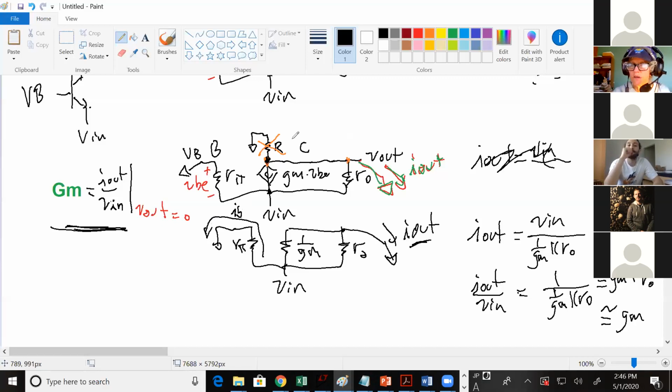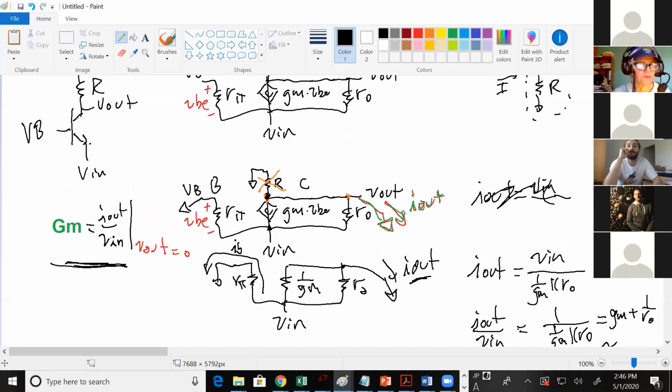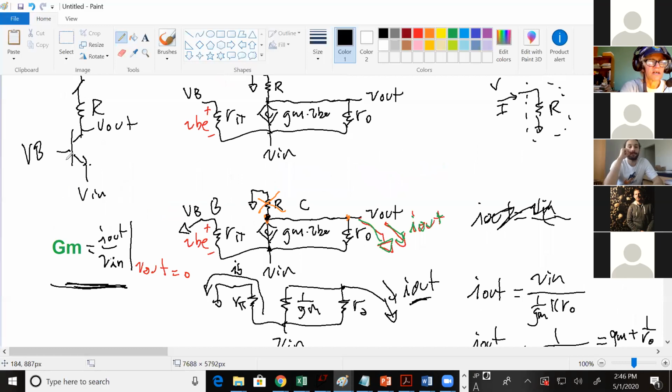This current is actually this current going this way out the base, whereas you're looking at this current. So it's two separate currents here. You're right, this is going to ground, but it's not going to the out. It's not going to this node. Okay, interesting. Okay, thank you.